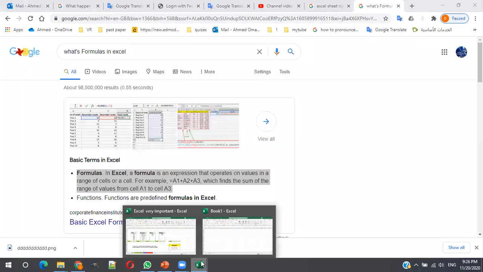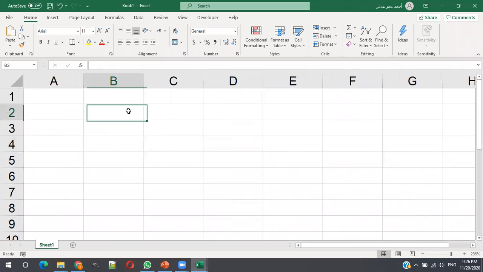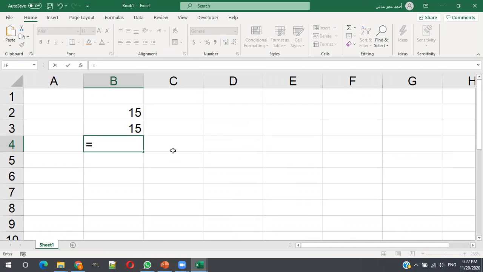Let's see how to make a formula. Now I have here 15 and 15. I want to get the result of 15 plus 15. So I have to write equal, then the first cell will be P2. I have to write P2.